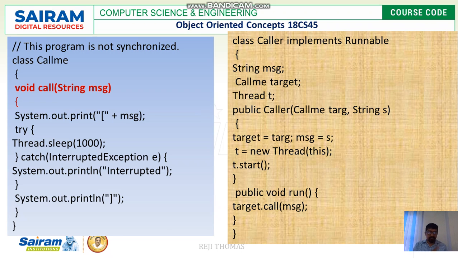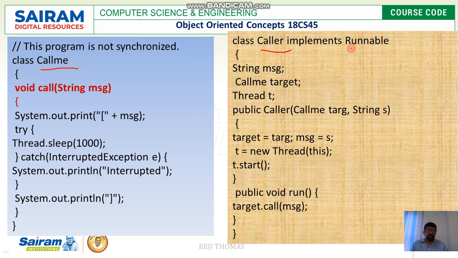Let us see how we can use this synchronized method. Before that, let us see a program without any synchronized method. Let us see what output this is going to create and how we can overcome this. We can see two classes. One is Callme, the other one is Caller.